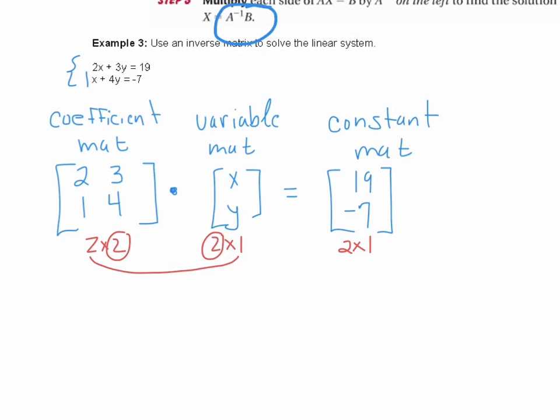And that is verbatim what's written up there. It works for the second line too. We can take 1 times x plus 4 times y, and I should get negative 7. So all I've done is generate the matrix form of that linear system, just based on yesterday.